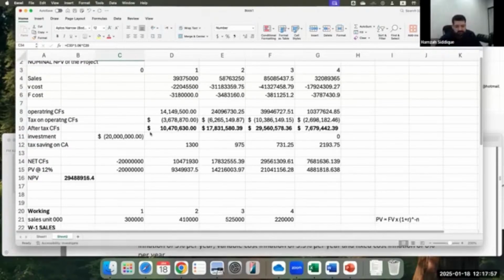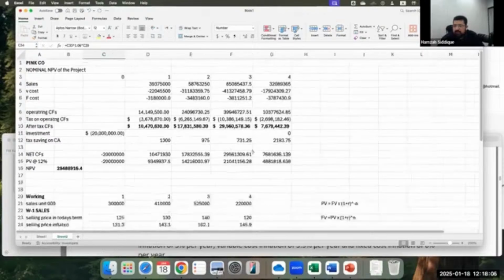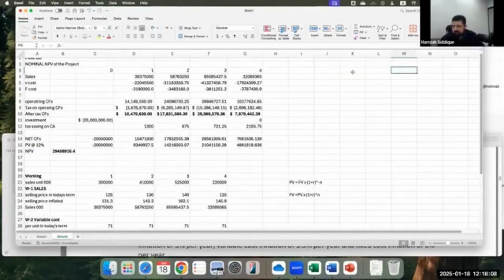So let us proceed further. Now the next is the real cash method. In the real method, there is only one difference. I will solve it here in front of you. Real method of NPV calculation. What is that?